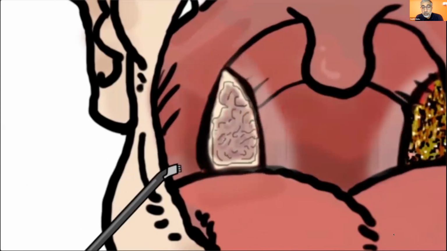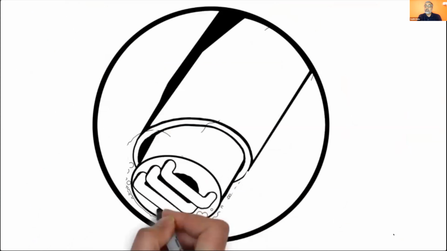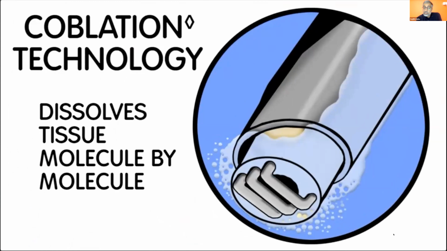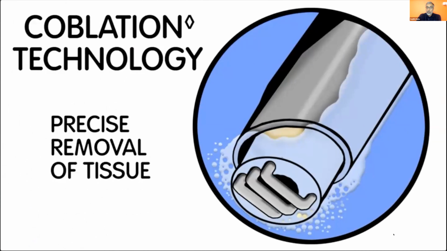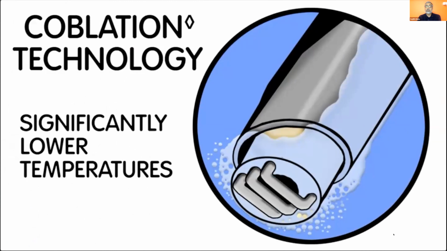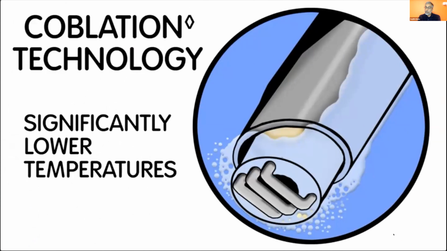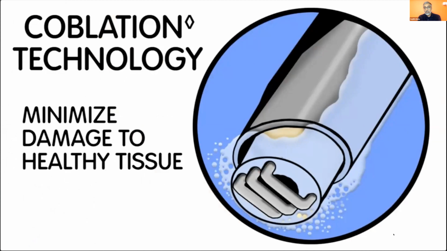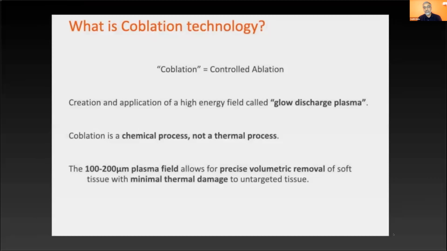Whereas with coblation technology, the charring is less because the thermal damage is low. It dissolves the tissues molecule by molecule, and there is a precise removal of tissue. Because of the low temperature, the lateral damage is very low. So this is a very good tool which can be used for any of the resections. Why the name coblation?